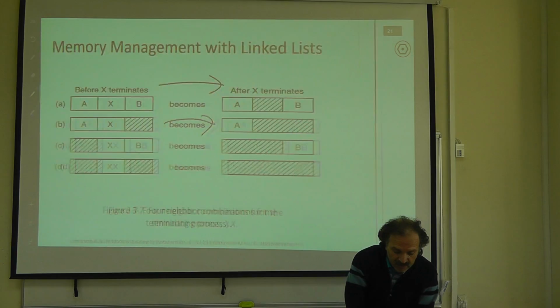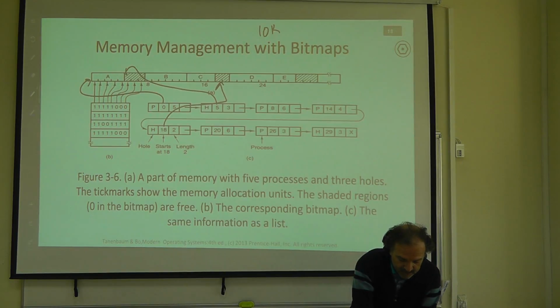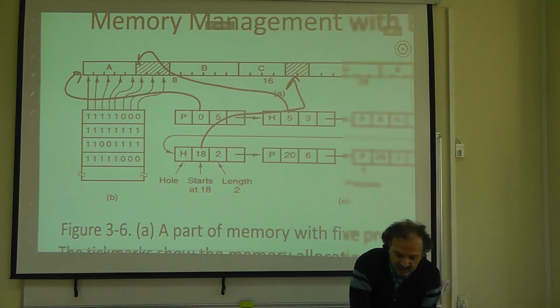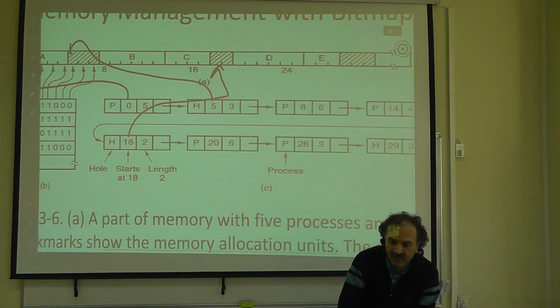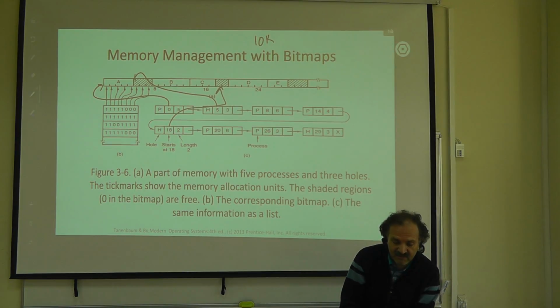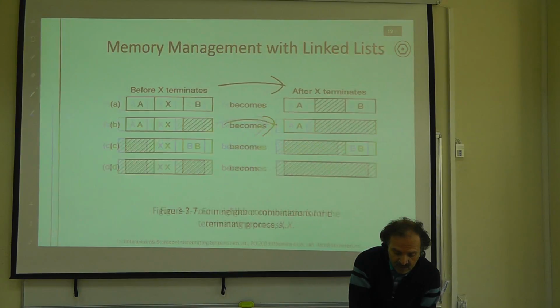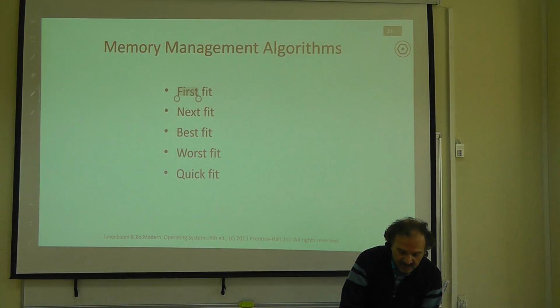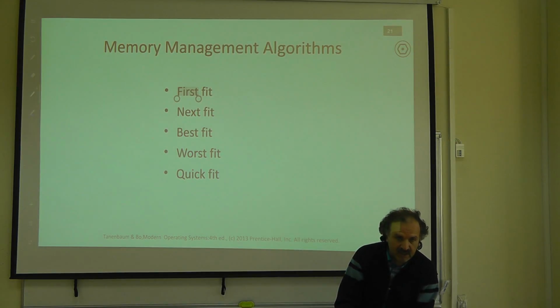So what do I do? I need to scan, either go over these ones and zeros one by one, or go over these linked lists one by one and find some place. But there might be more than one place where my new process can live. So we need to come up with some algorithms to decide which place I should choose for my process to live. So these are 5 example memory management algorithms, and we are going to look at them one by one.